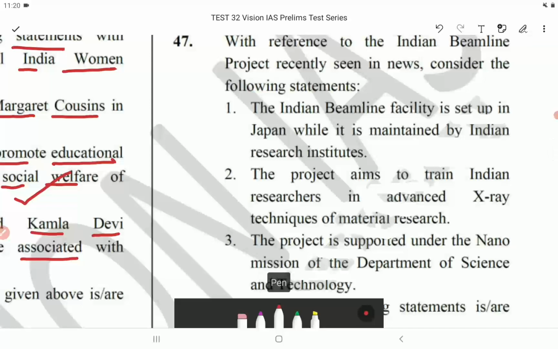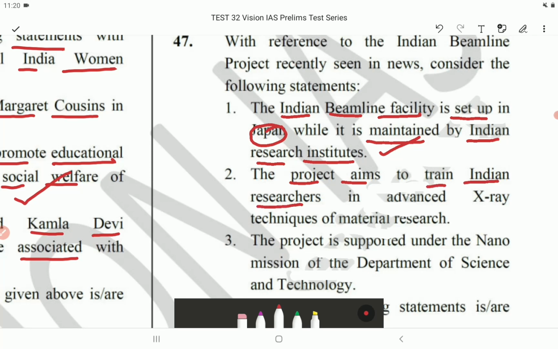With reference to the Indian beamline project recently seen in news, consider the following statements. Statement 1. The Indian beamline facility is set up in Japan while it is maintained by Indian research institutes. This is correct. Statement 2. The project aims to train Indian researchers in advanced X-ray techniques of material research.